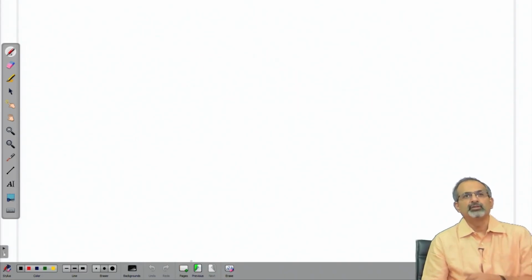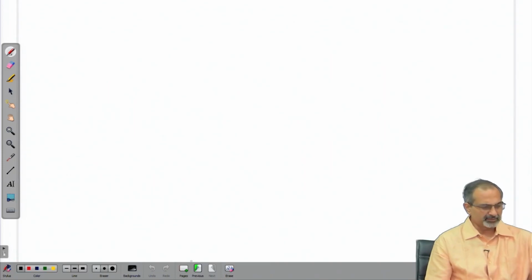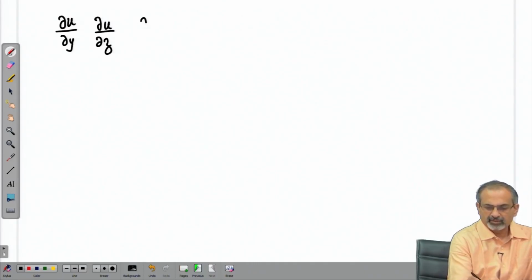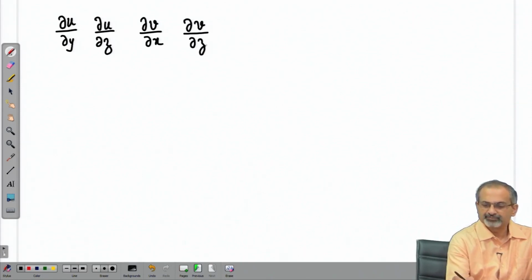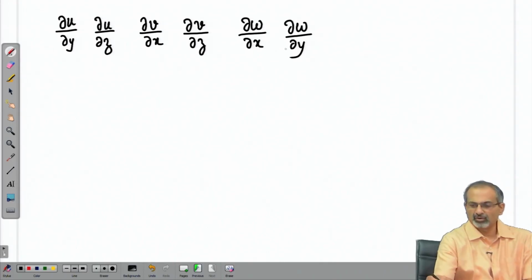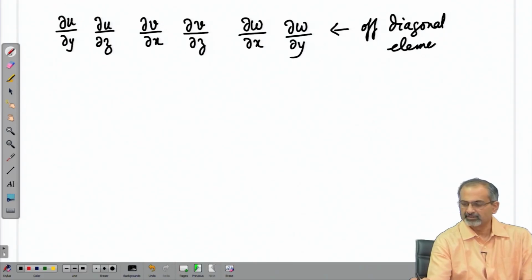What do we do with the off diagonal terms? The off diagonal terms are the cross derivatives, derivatives like say del u del y, del u del z, or del v del x, del v del z, or terms like this. So, these are all off diagonal elements of that matrix.